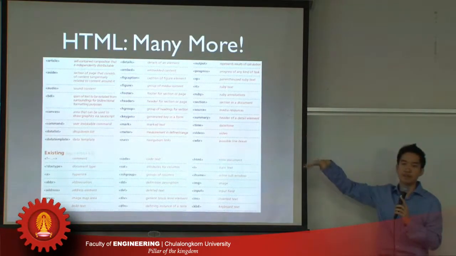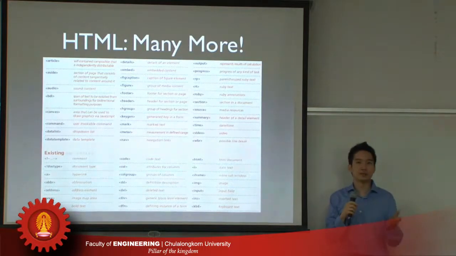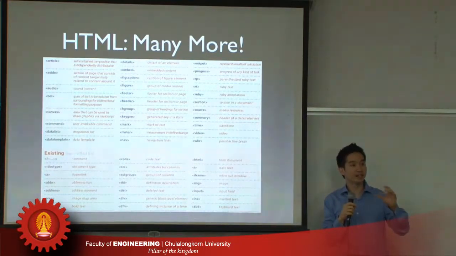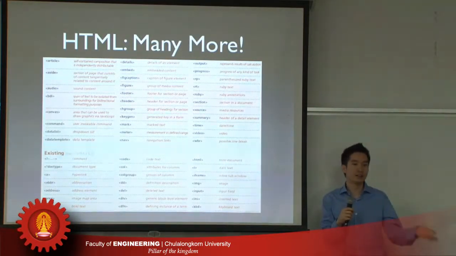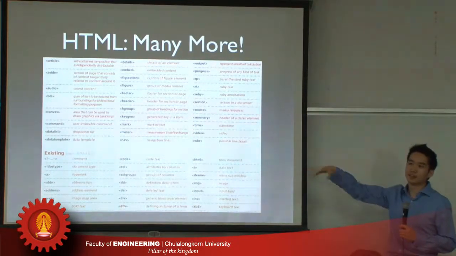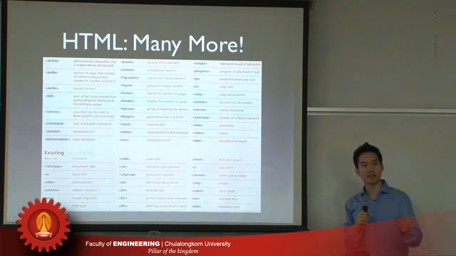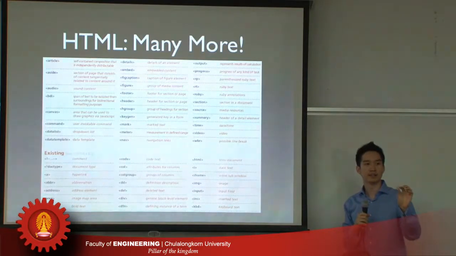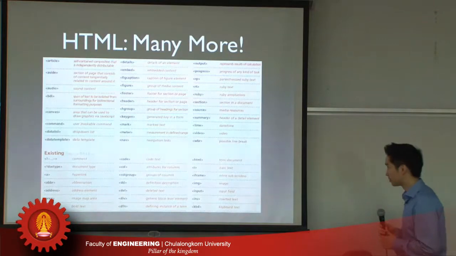So far we've dealt with images and text, right? But there's nothing to prevent you from including a video in your web browser. If you can include an image, why not video? Why not audio? Those are for the later stuff that you have to study on your own. But the key thing to take away is that the stuff we've been covering today is really little. There's a lot more that you can play with and find out more about.